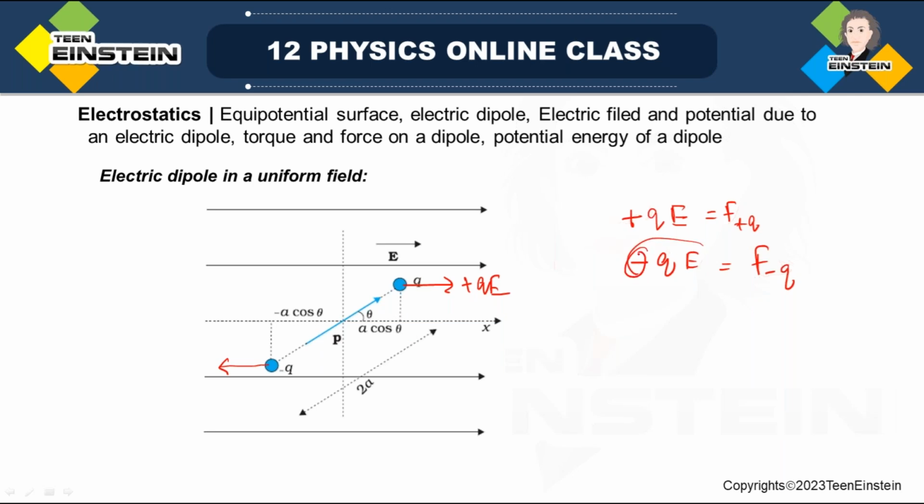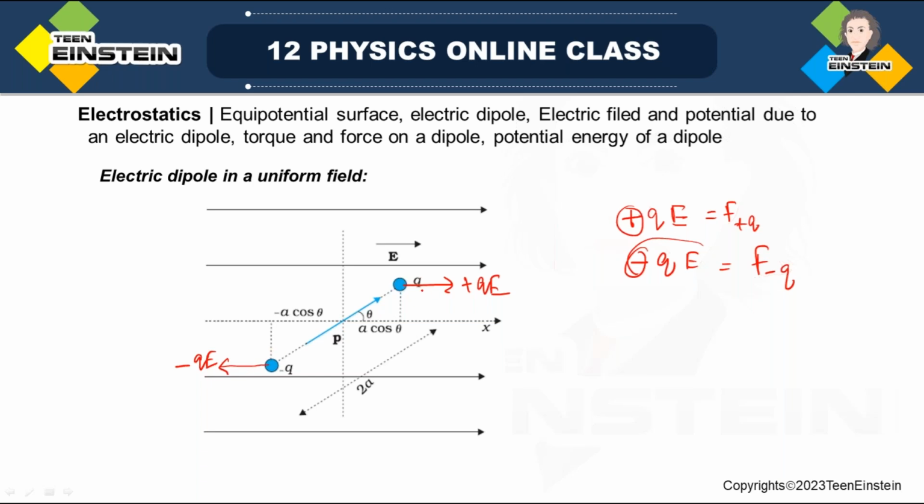The electric force on a positive charge will be along the direction of the electric field itself, and on the negative charge it will be in the opposite direction. Now you might be thinking whether these two forces will constitute equilibrium for this dipole, so that there will be no force acting on it.